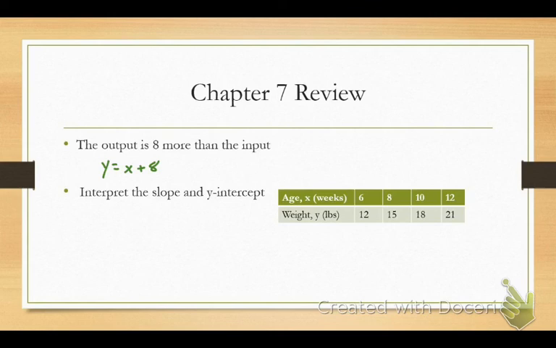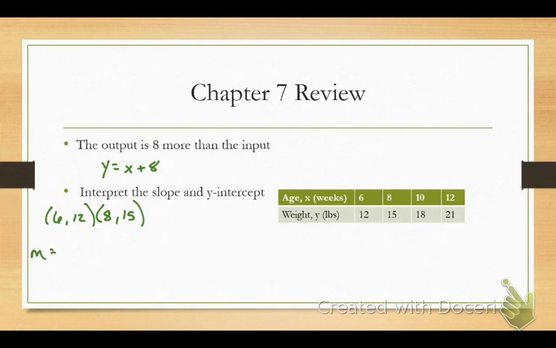Well, can I find a slope using a table of values? Absolutely. Okay, I pull out my ordered pairs, 6 and 12, and 8 and 15. So now find your slope. m equals.